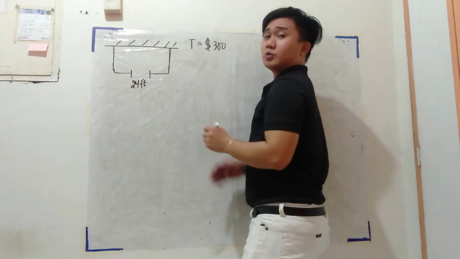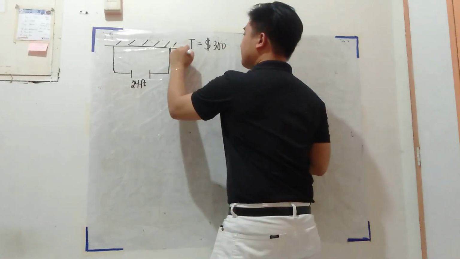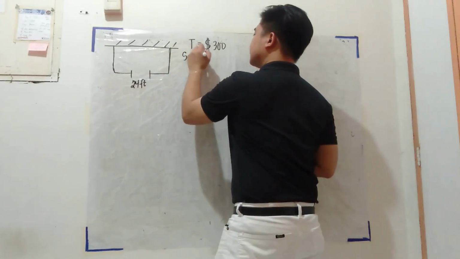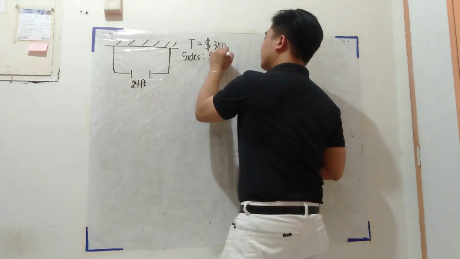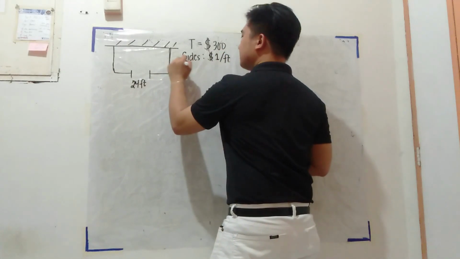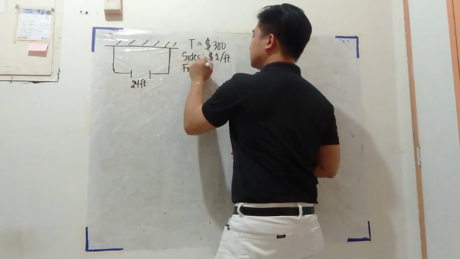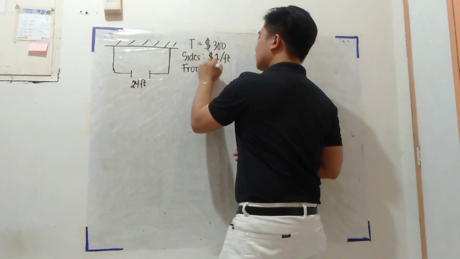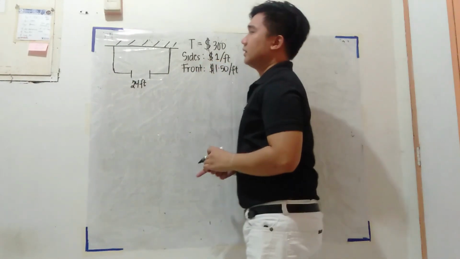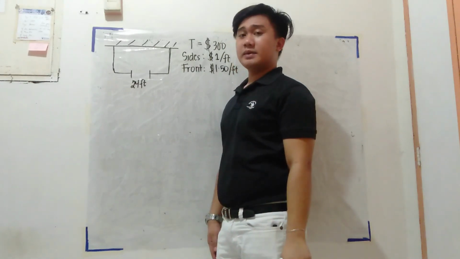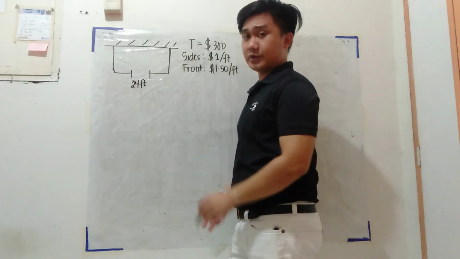Okay? Yung cost daw ng pambakod sa sides ay $1 per foot, samantalang yung pambakod sa front ay $1.50 per foot. Okay? So, hanapin daw natin yung dimensions para magawa iyon.